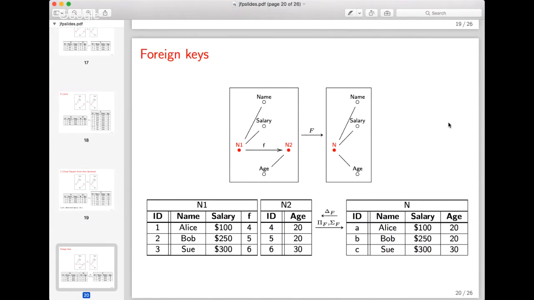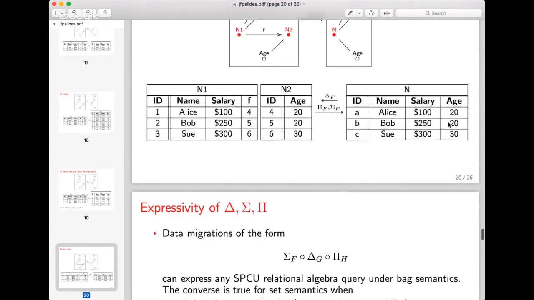What happens here is that pi and sigma both do a join, and then delta does a project that remembers how the projection was done by writing it down in F. So these are very natural operations, and they are exactly the same as in earlier work on functorial data migration, but now we can recover these from operations on algebraic theories.